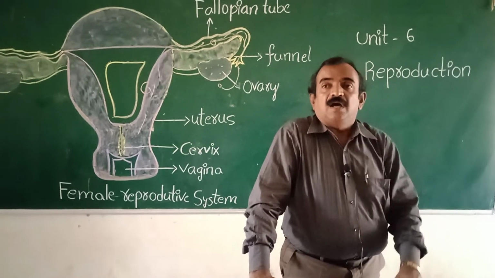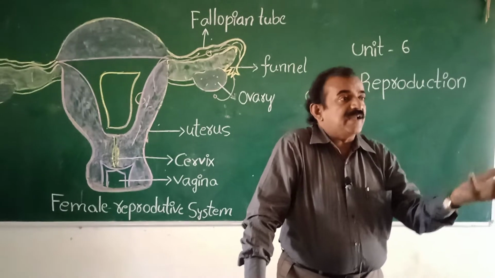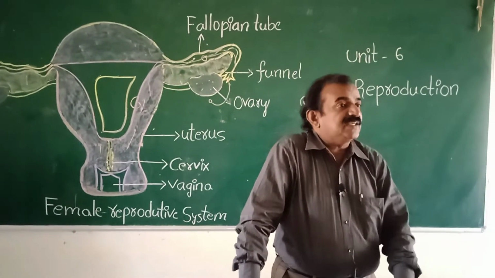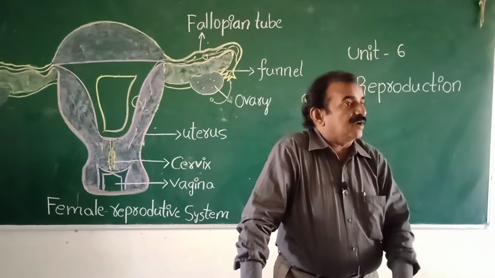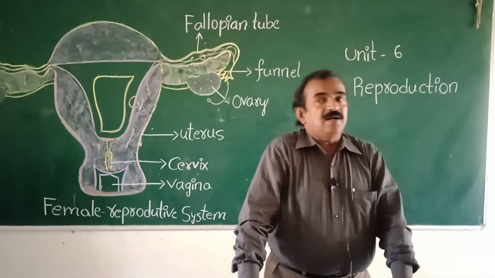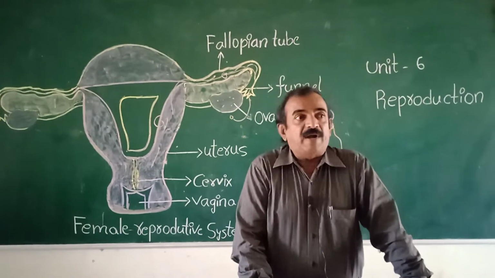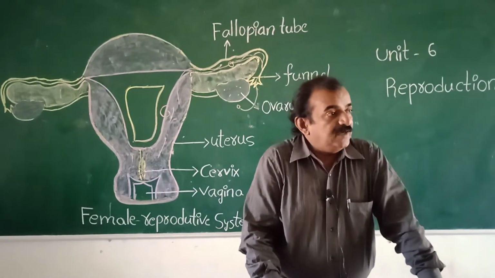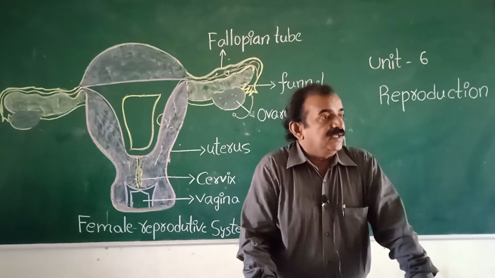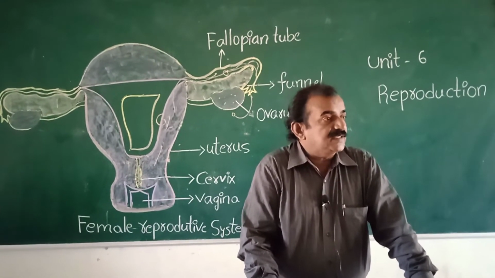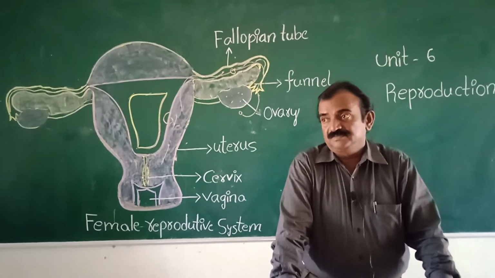When the fetus grows fully after 9 months, the mother gives birth to the young one. So the total time required for embryo development is 280 days or 9 months, and that is called the gestation period. What is the gestation period? The total time required for embryonic development is about 280 days or 9 months.